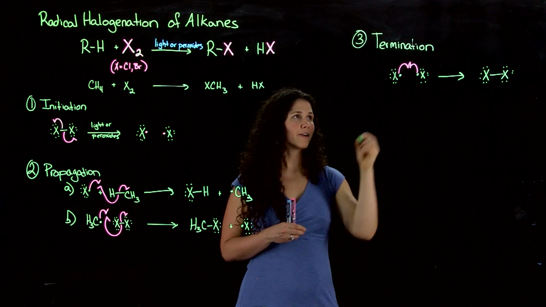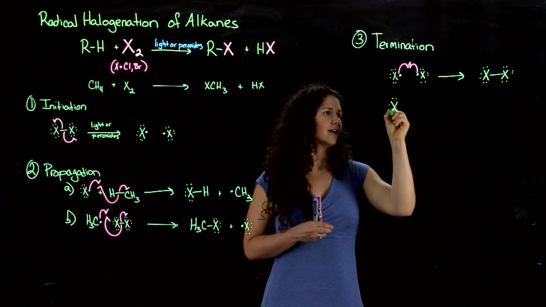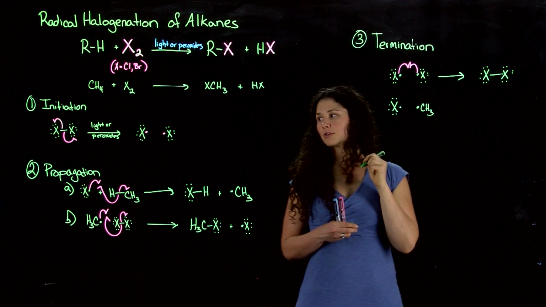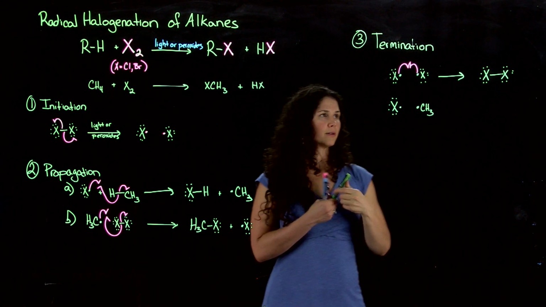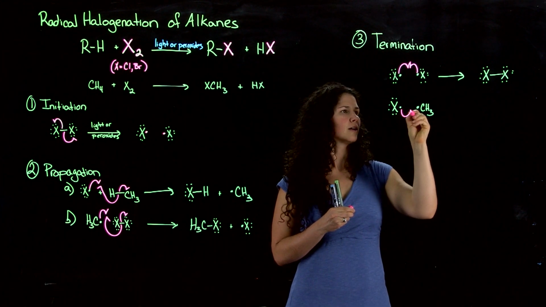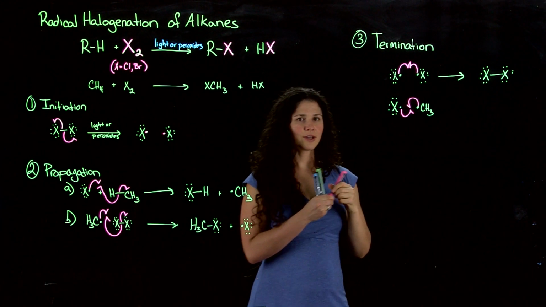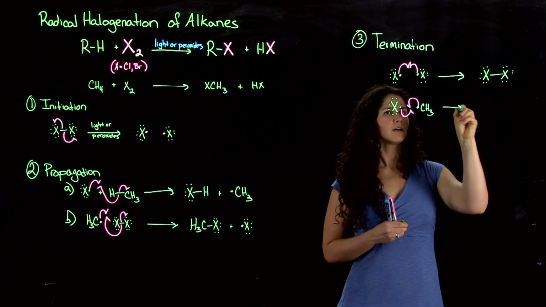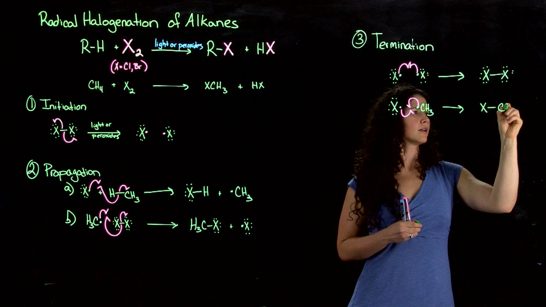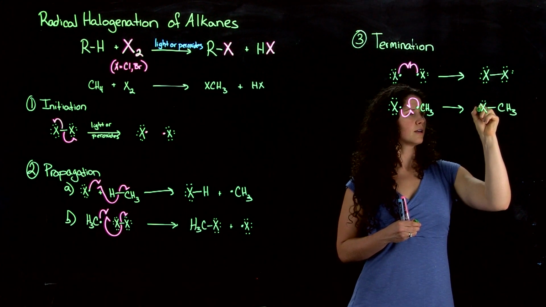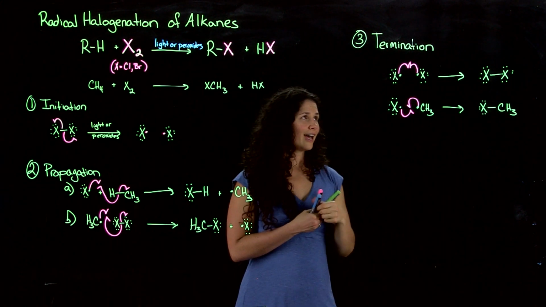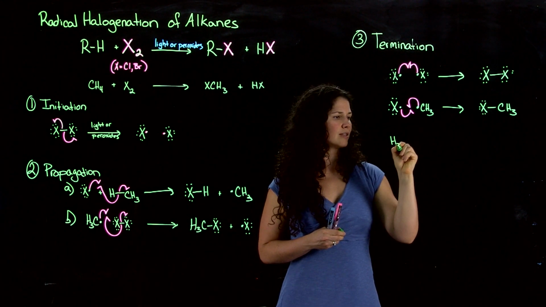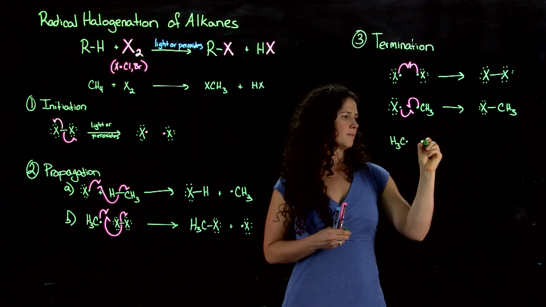Another way I could combine radicals is to take the halogen radical and combine it with the methyl radical that I produced in my propagation step. Now I'm forming a bond between the halogen and the methyl group. The last possibility that I can think of is to take two of these methyl radicals and combine them.